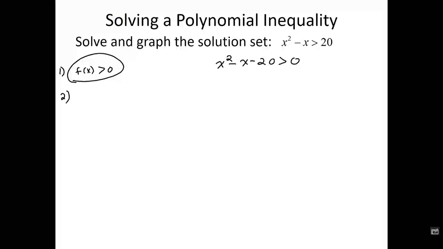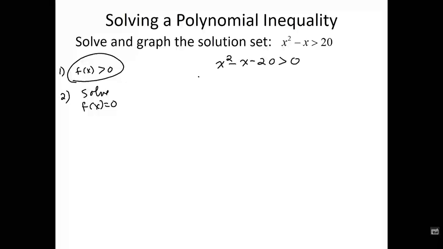Number 2, we now want to solve f of x is equal to 0. In other words, we want to find the intercept. We have x squared minus x minus 20 is greater than 0.